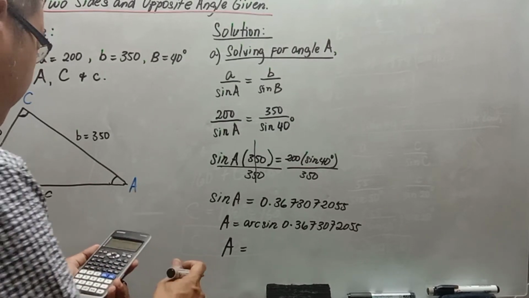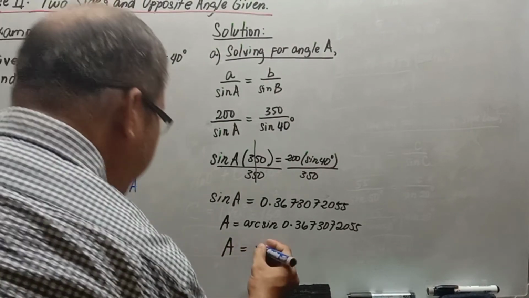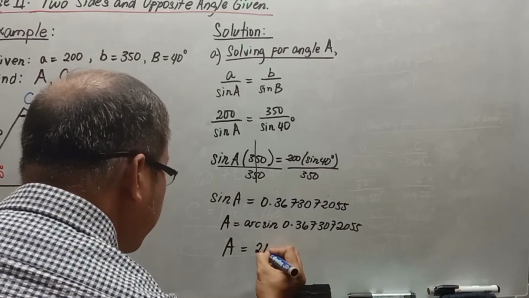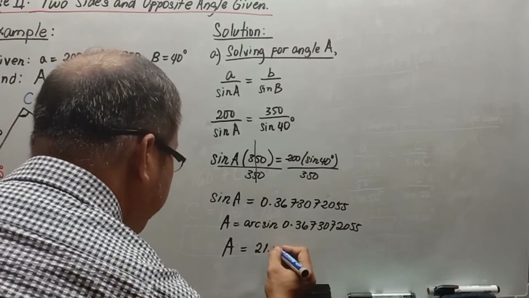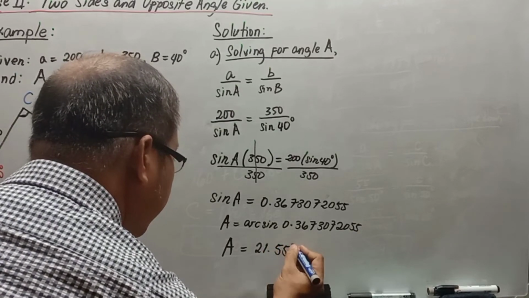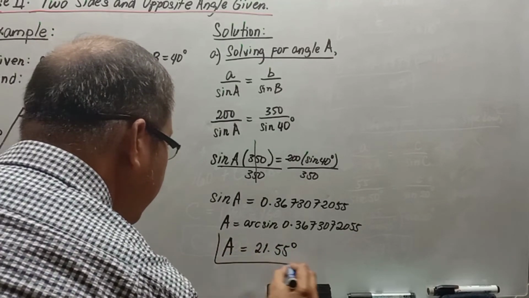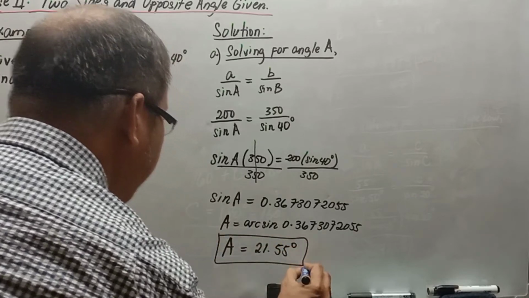So angle A will be equal to 21.55 degrees. Okay. So this is the answer for angle A.